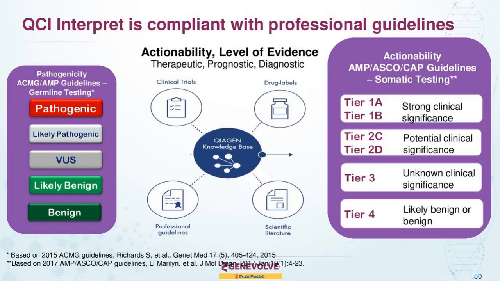So as you expand your databases, the number of VUSs which you give out from a lab actually grows. VUS doesn't mean that this is not implicated for the condition. It is just that there is not enough evidence currently available, and maybe in the coming years, it might be classified as a likely pathogenic or a pathogenic mutation.